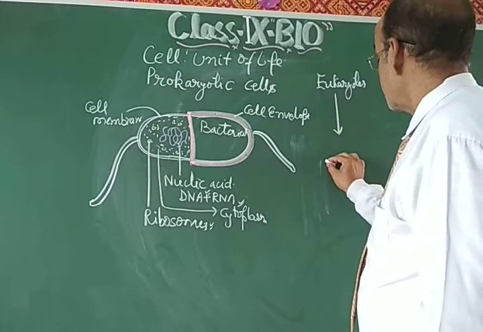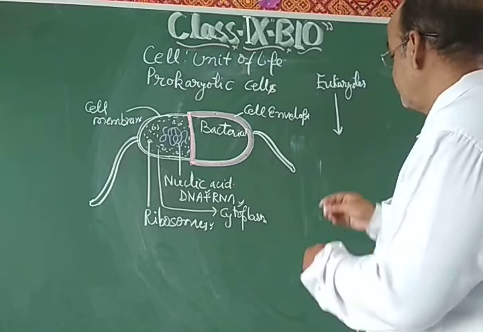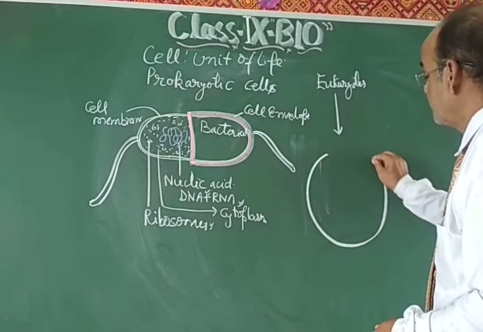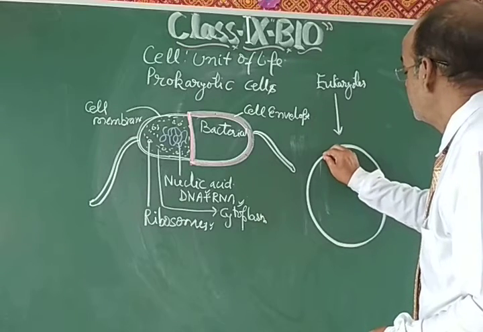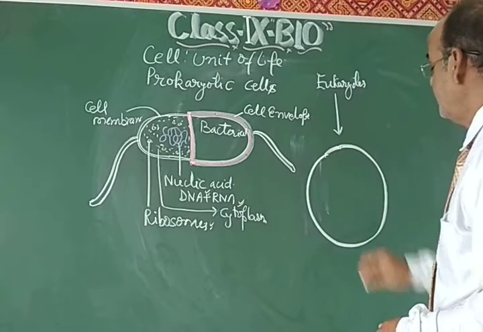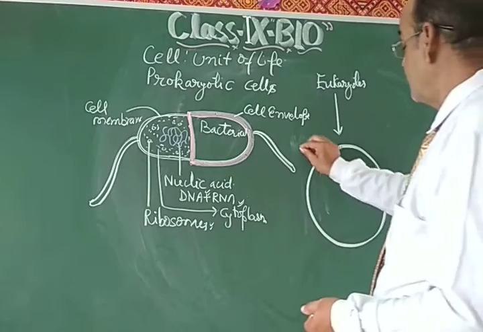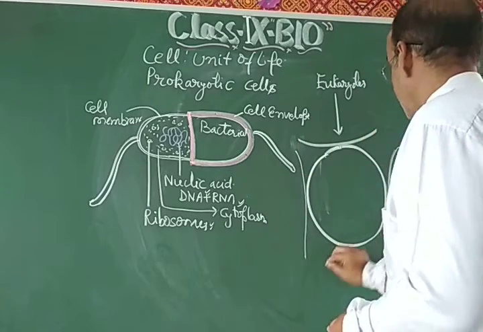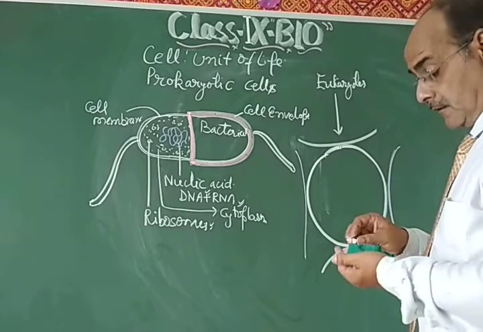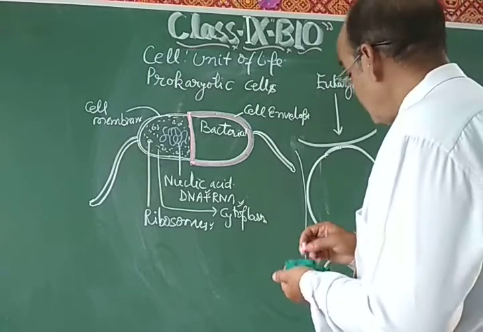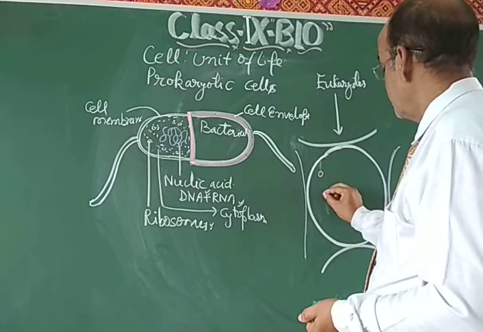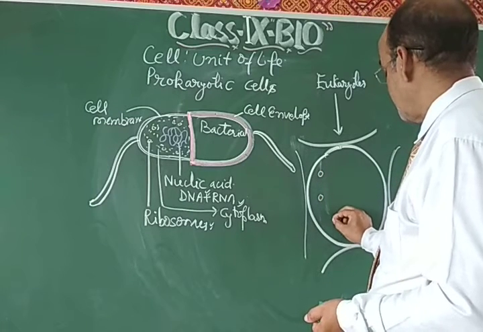The eukaryotes will look something like this. Suppose this is a cell, whether that is the plant cell, maybe the animal cell, or whatever it is. This cell will have the perforations.